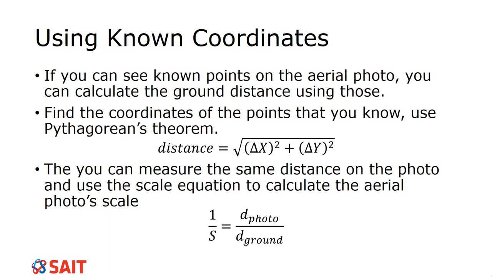They'd be well-defined spots on the ground that we see. So if we can see them on there, now we can use them. Then we just use Pythagorean's theorem because we know the coordinates of it. And then we measure the same distance on the photo and use the scale equation to calculate the scale of the aerial photo. So 1 over s equals distance on the photo over distance on the ground. It's pretty much exactly the same. So this distance is distance on the ground.